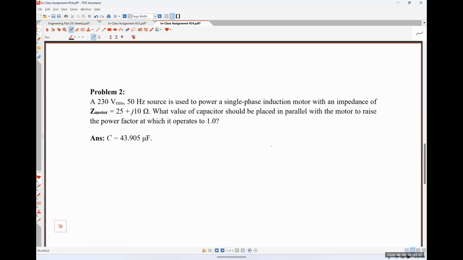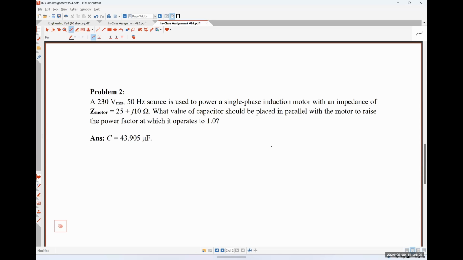Okay. So in this problem, we have a 230 volt RMS, 50 hertz source used to power a single phase induction motor that has an impedance of 25 plus j10 ohms. We are asked what value of capacitor should be placed in parallel with the motor to raise its power factor to 1.